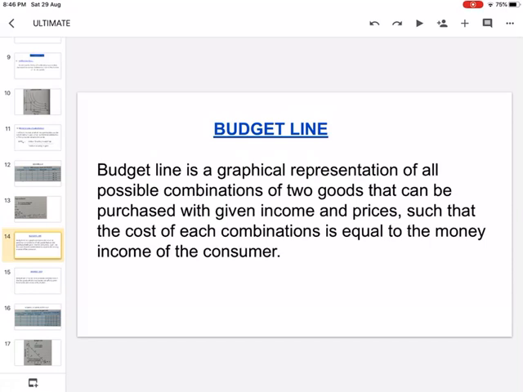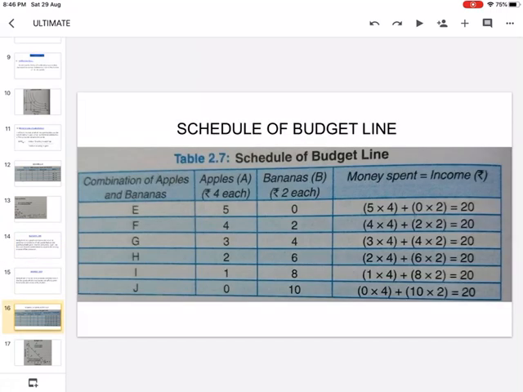This amount of income he spends entirely on buying different combinations of these 2 goods, and these various points of combination of the 2 goods give us what is known as the schedule of the budget line.